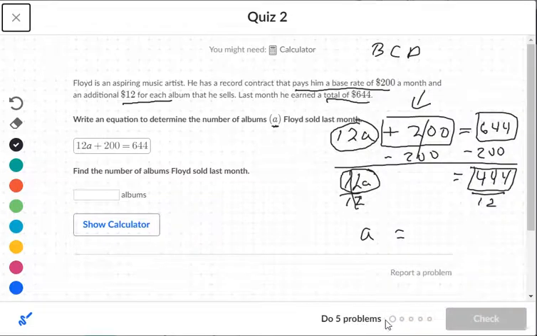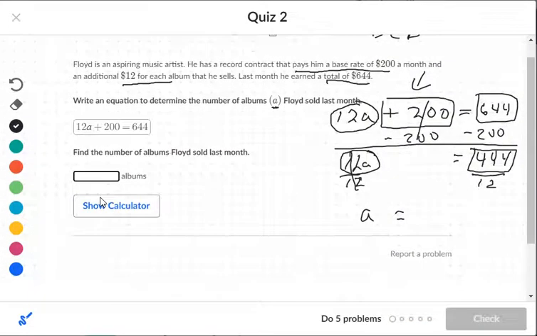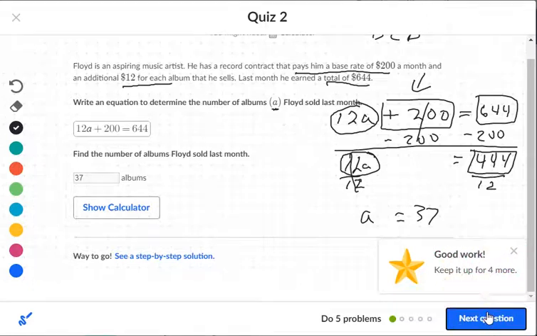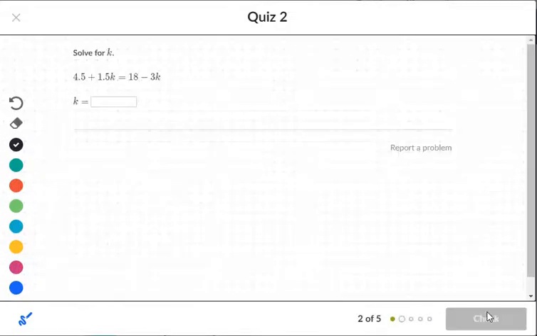So we get an answer of 37 for this problem. Let me write it right here. So let's check this. Okay, let's move on to the next problem.